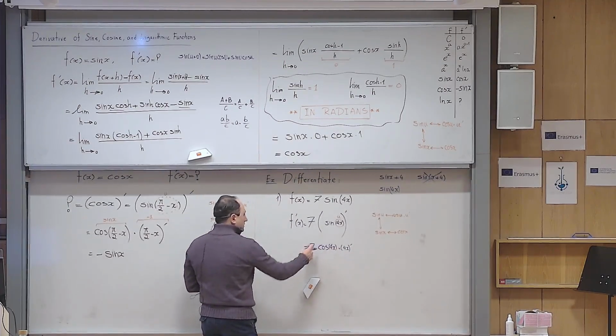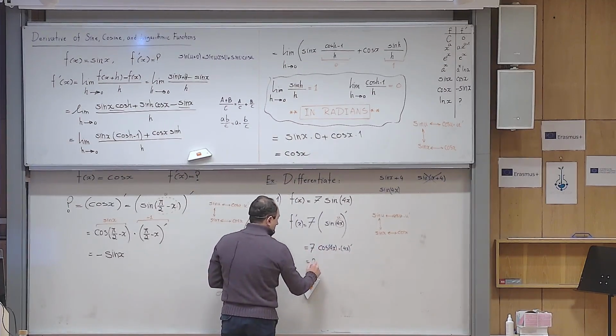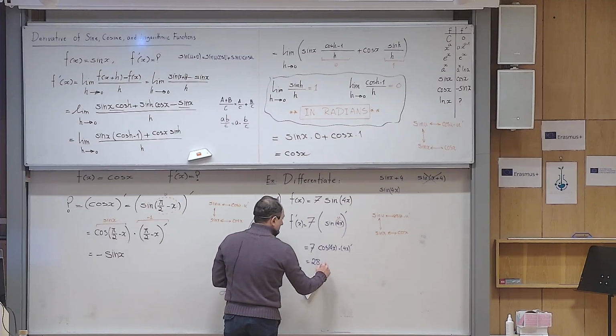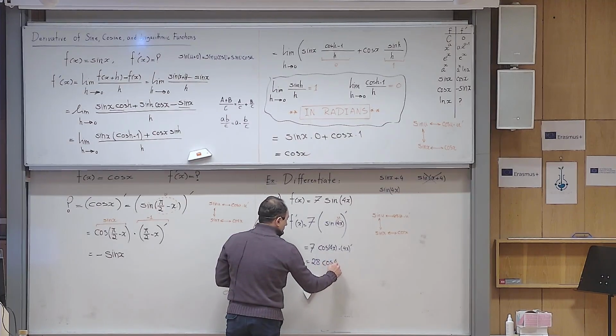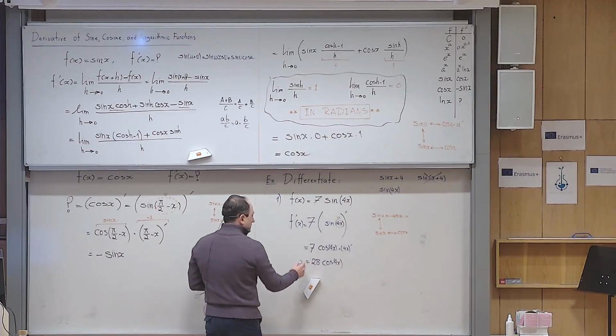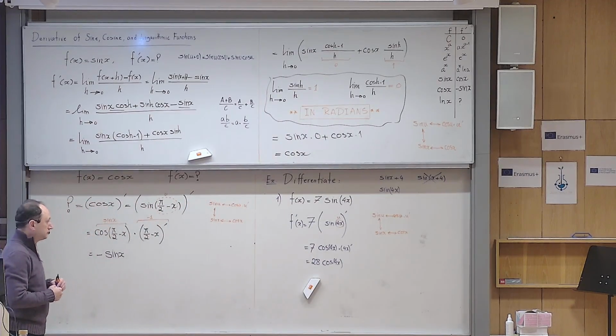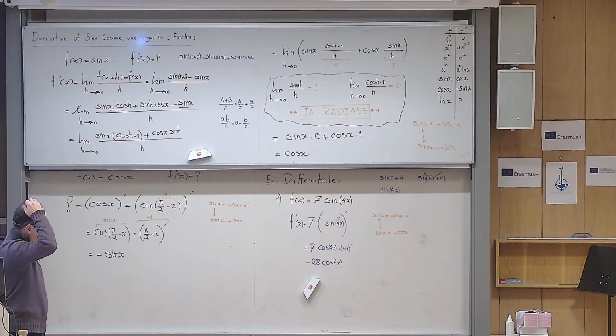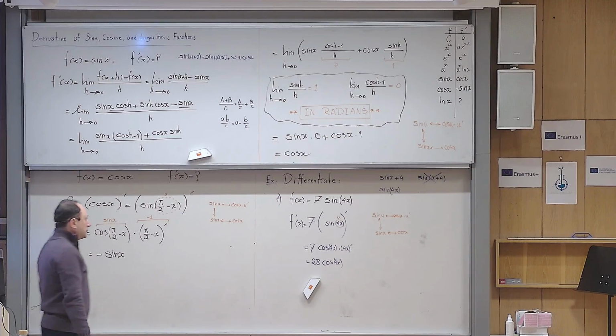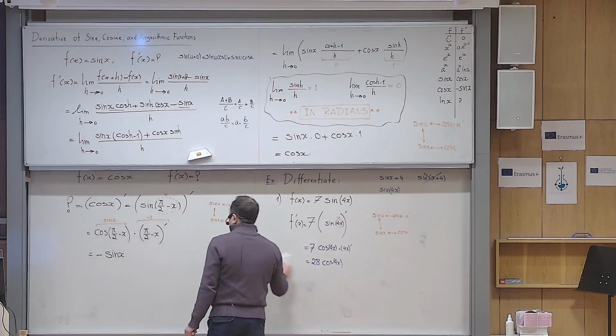It is 4, and it is better to multiply it here. So it becomes 28 cosine 4x. So that is the derivative of that function. Is that clear? Okay, let me give you another example.